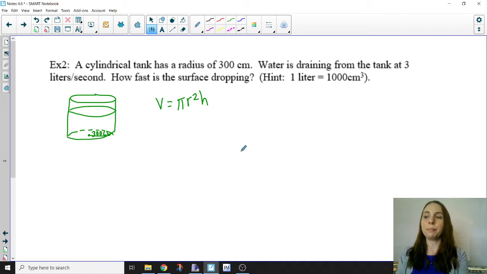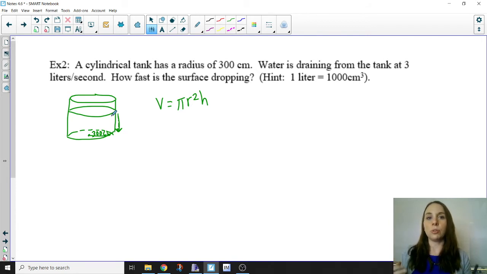Okay, there's our formula. But one thing that you want to try to do, especially with this problem, is ask yourself, are there variables in the formula that aren't actually variables in this situation? Okay, and in particular, I'm talking about the radius. The radius here, in the formula, it's a variable, but think about it. As that water goes down, the water's dropping, the water is going out, it's draining. The radius of the water is staying constant, right?